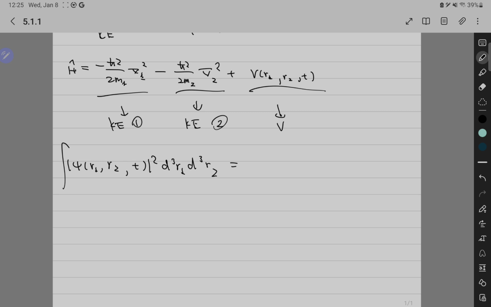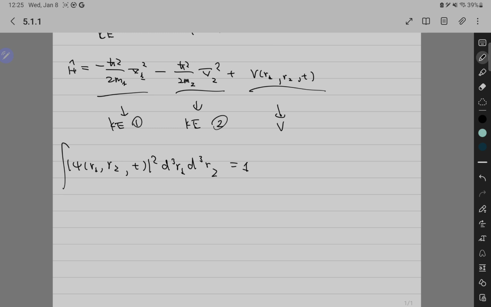What happens when you normalize a wave function? Well, it's going to be equal to 1. Because remember, when you normalize a wave function, you're basically integrating over the whole space. And when you're integrating over the whole space, the probability of finding that particle in that space is going to be 1, because you started with the assumption that there is such a particle.